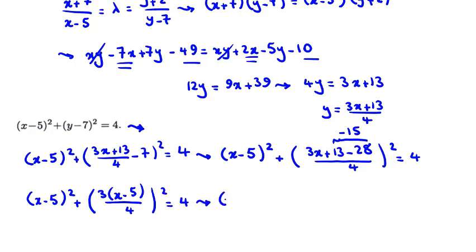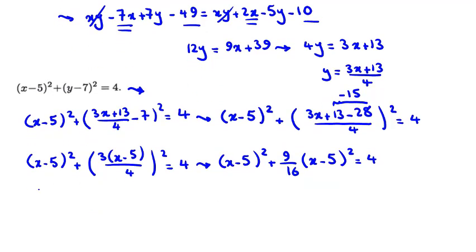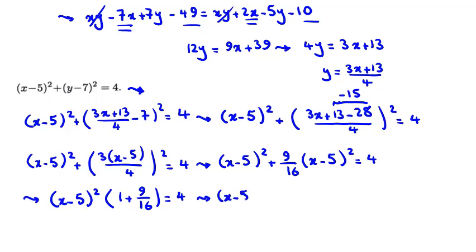Then it will be x minus 5 squared plus 9, 3 squared, over 16, 4 squared, times x minus 5 squared equal to 4. Now if we factor out x minus 5 squared, then we have 1 plus 9 over 16 equal to 4. 1 plus 9 over 16 is what? If we use common denominator, it will be 16 plus 9, 25. So times 25 over 16 is equal to 4.